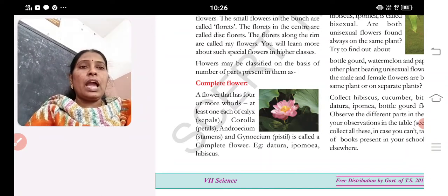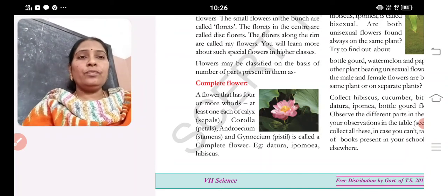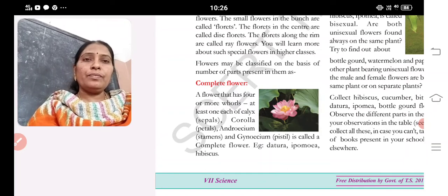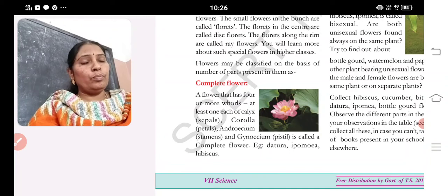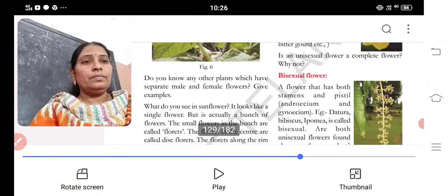These flowers will have the 4 important parts, that is sepals, petals, stamens and pistil. These 4 important parts are present in a few flowers, and some flowers have 2 types of flowers, one male, the other female.